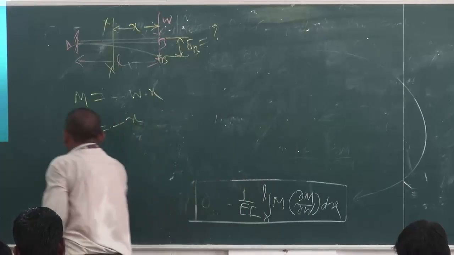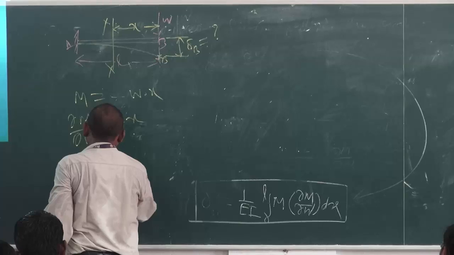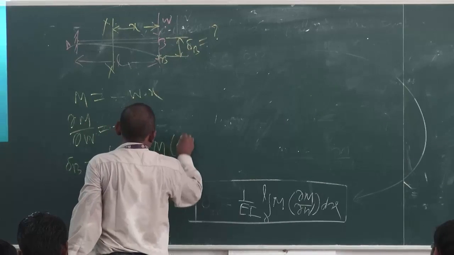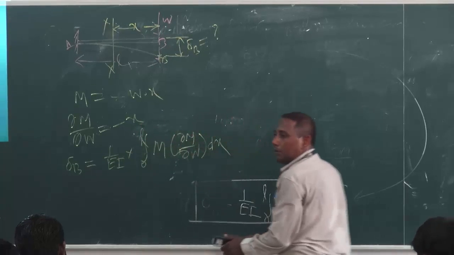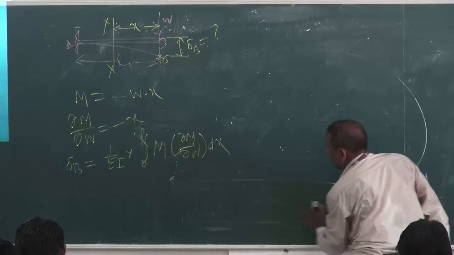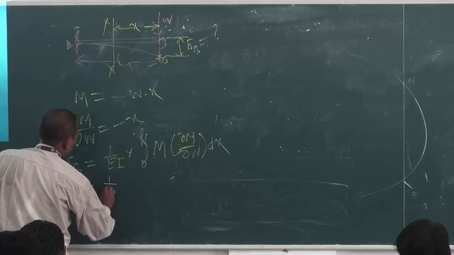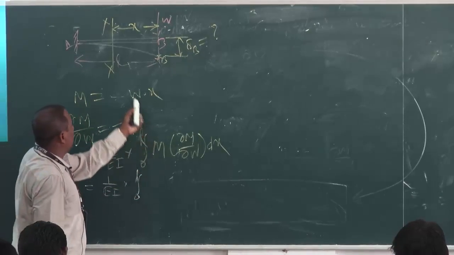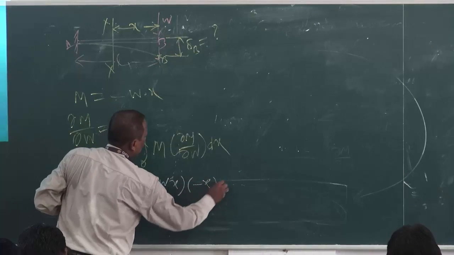Then what is delta B? Delta B is equal to, using this equation, 1 by EI into the integral from 0 to L of M into ∂M by ∂W into dx. Writing the expression: 1 by EI, 0 to L, and M value is minus Wx, into minus X into dx.